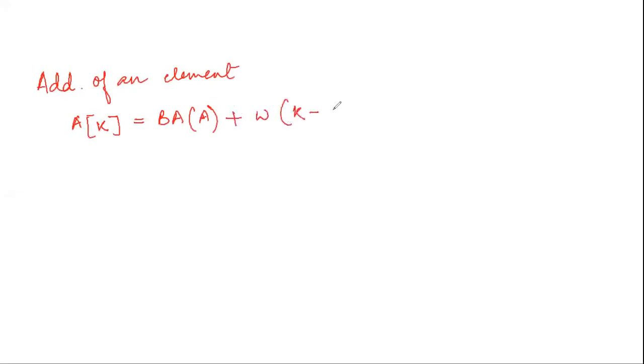The address of any element, where k denotes the index of that element, will be equal to the base address plus the word size.